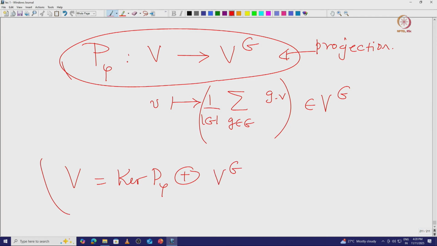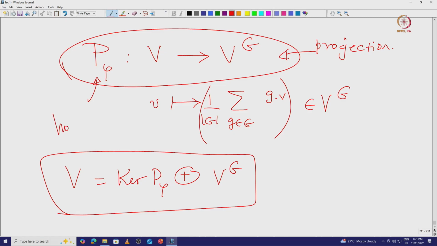So, this is indeed the decomposition that we are interested in, and one will be able to prove that this is indeed a G invariant map. So, this is indeed a homomorphism of representations. Okay, so I will stop here and I will continue with the proof of all these things in the next class.